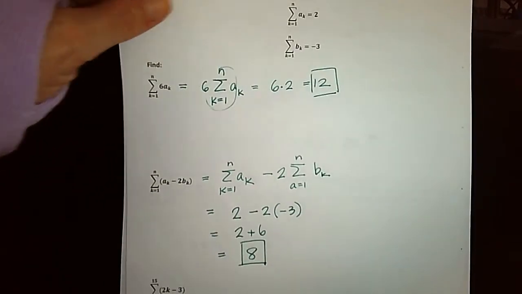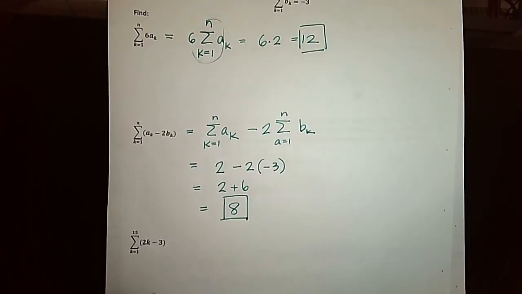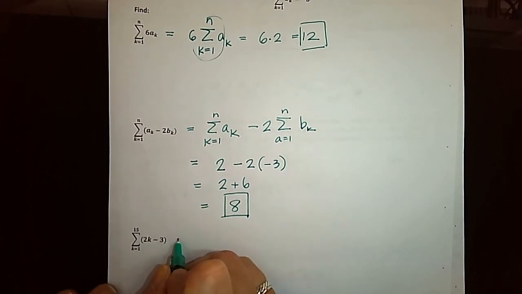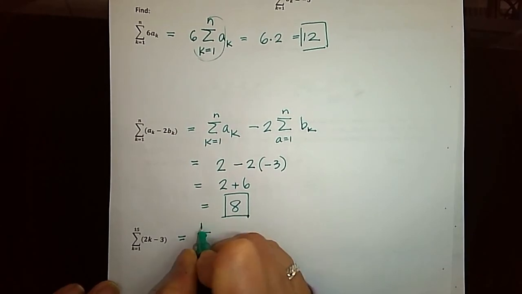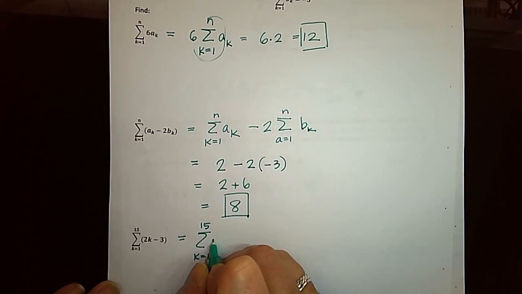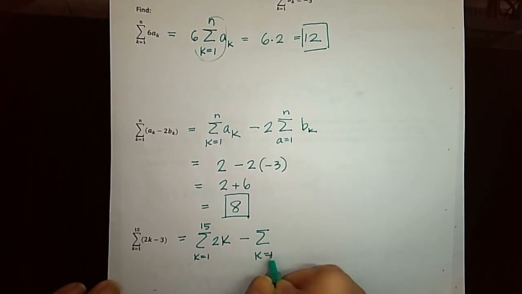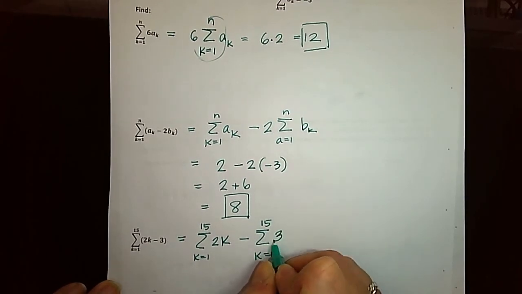Okay, the one on the bottom, we're going from 1 to 15 of 2k minus 3. So again, I'm going to pull this apart into two separate ones. So it's going to be the summation k is going from 1 to 15 of 2k minus the summation k is going from 1 to 15 of just 3.